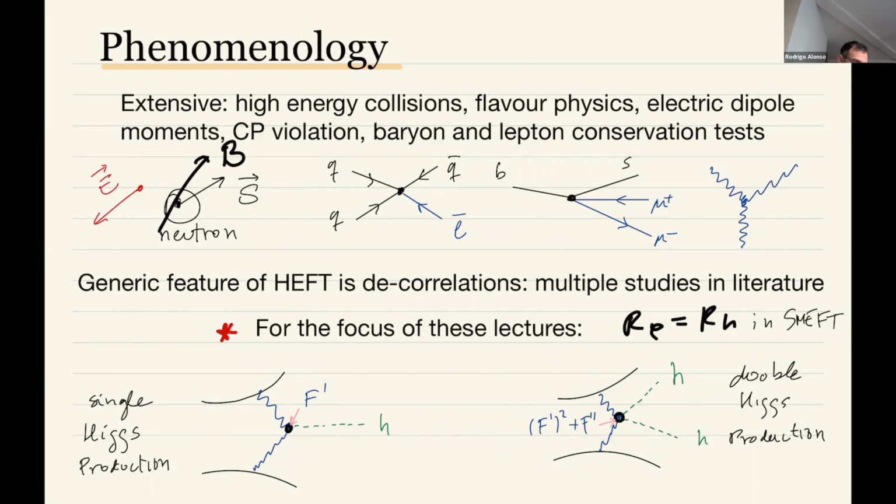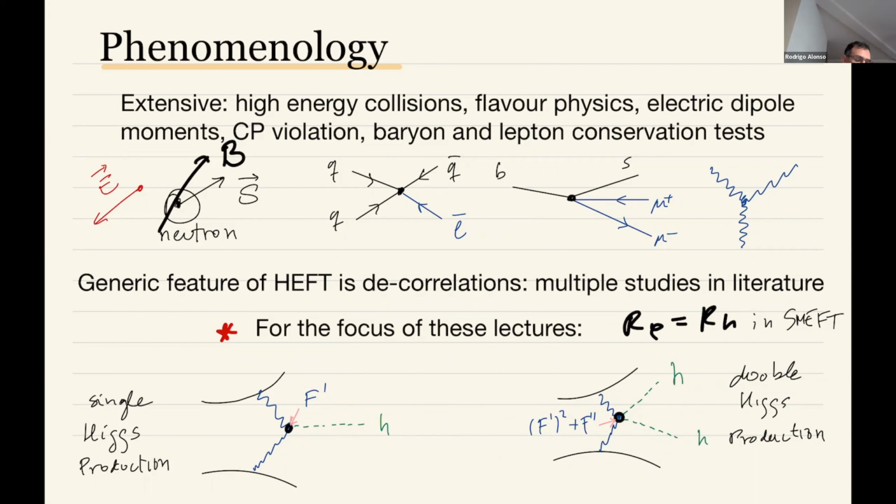Those are related to F prime and F double prime in our action, which in turn give curvatures. So it's sort of an indirect bound on those curvatures through what we know about the Higgs so far.